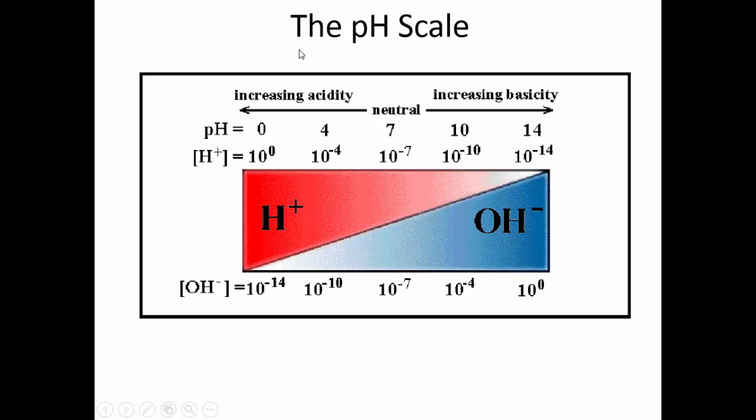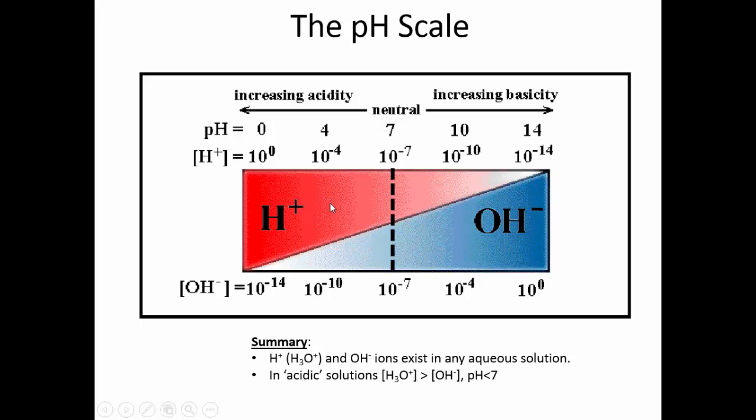To describe all these different possibilities for solutions in terms of the concentrations of hydronium ions and hydroxide ions, we have the pH scale. We just talked about the idealized neutral solution, where those concentrations are equal at 10 to the negative 7, and the pH would be 7. But in reality, those concentrations are very, very rarely the same.